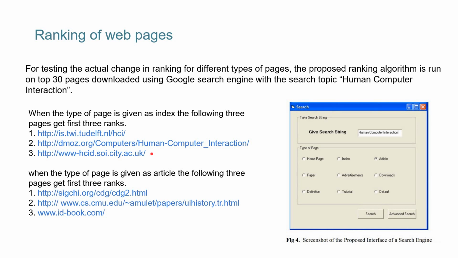This page also contains a higher number of hyperlinks, which is also kind of like an index page. Now again with the same search string, the type of page is given as article. Then these were the top 3 page ranks. Here also the first 2 sites are text intensive articles.